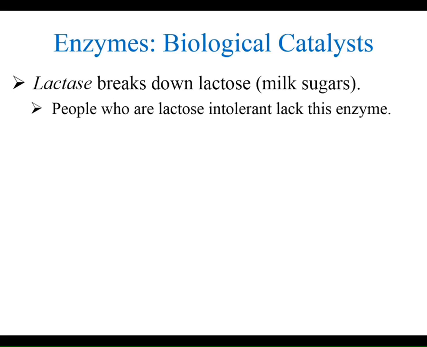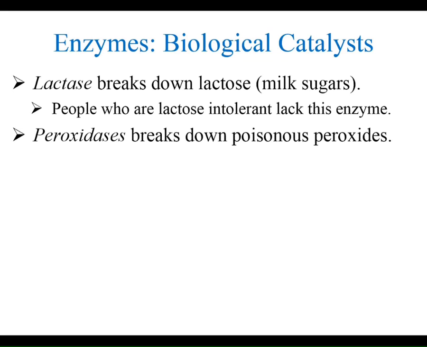So sucrase, you know, they all end in A's. Sucrase, now lactase. Another very important one is called peroxidase. There's a whole set of these peroxidases, and these basically break down peroxides, because your body is either manufacturing peroxides as byproducts, or you're accidentally ingesting them, and they are highly toxic.